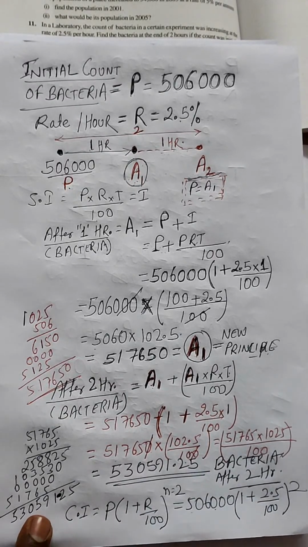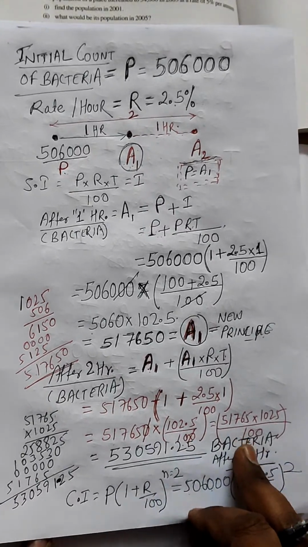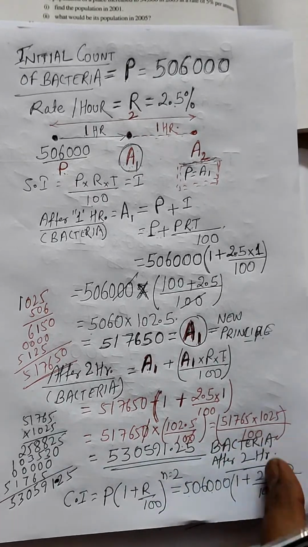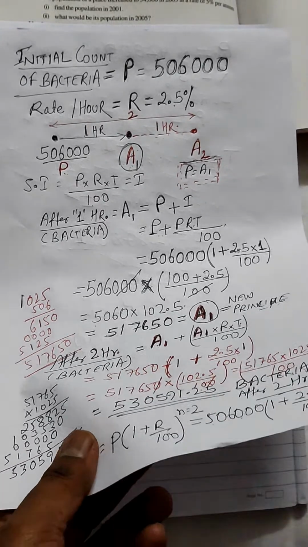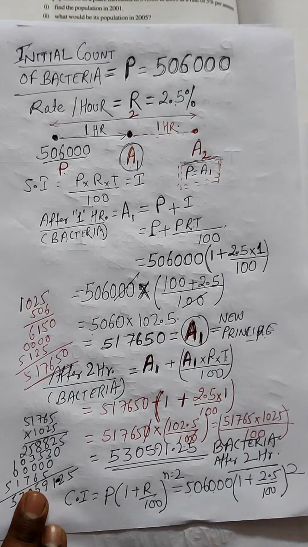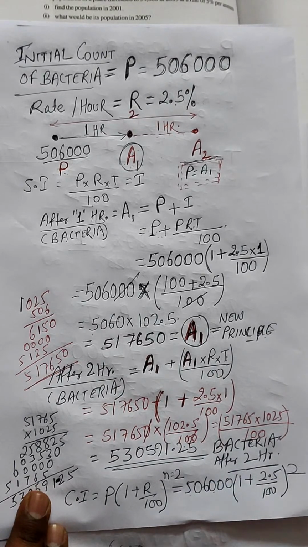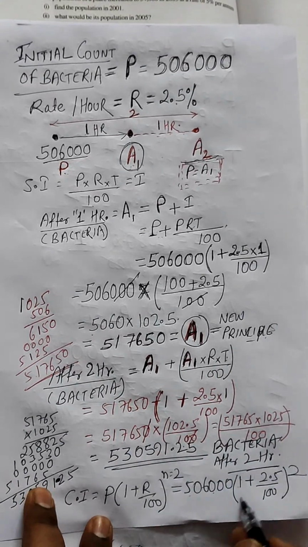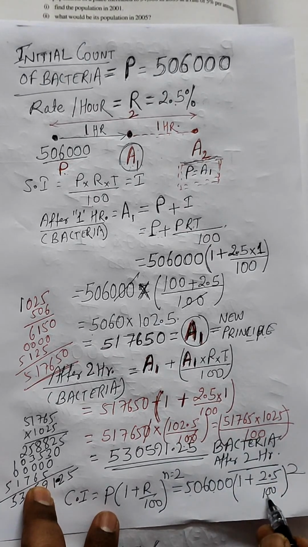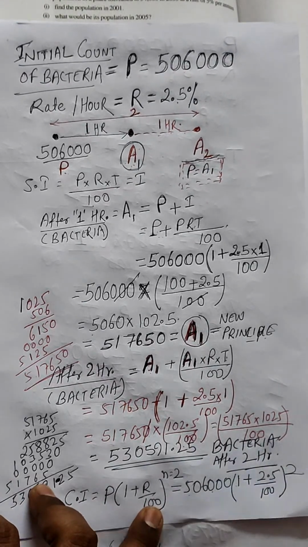That is 506000 into 102.5 divided by 100, so 1.025 power 2.